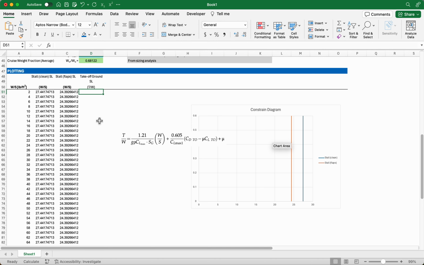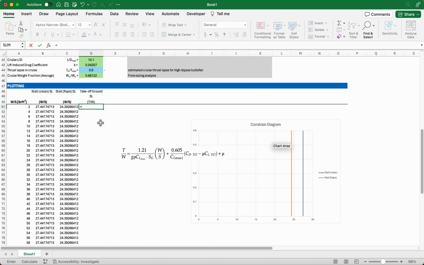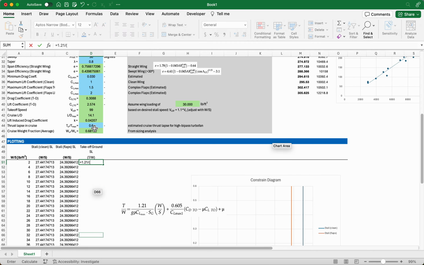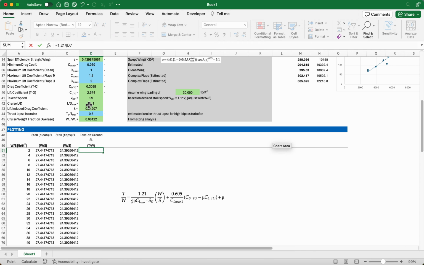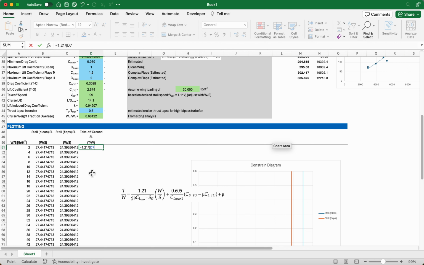So we're going to plug in this equation now. So 1.21 divided by, in Excel, if you have a numerator or denominator rather, you should put those in brackets so that you're not inadvertently multiplying by values when you think you're dividing by values. So divided by g, put everything in here. If we wanted to change g to see what it would be like to try to take off on Mars, we could do that.